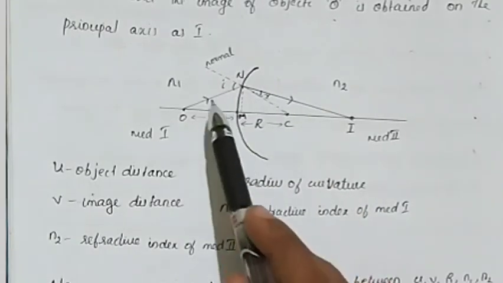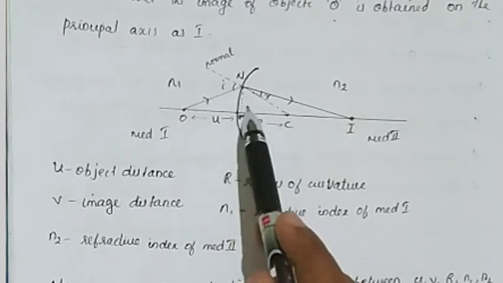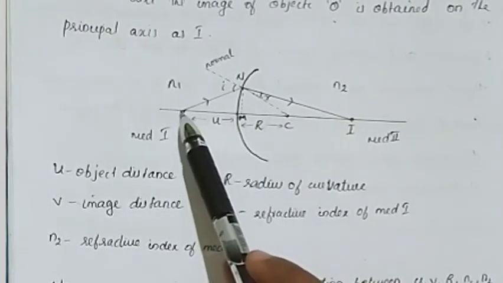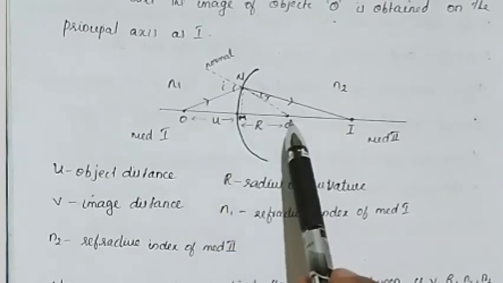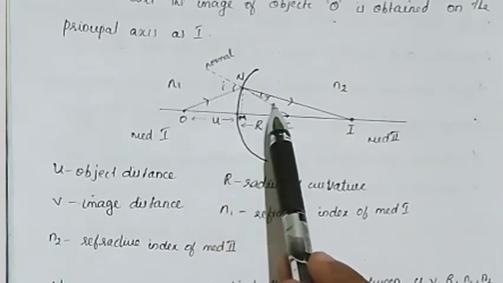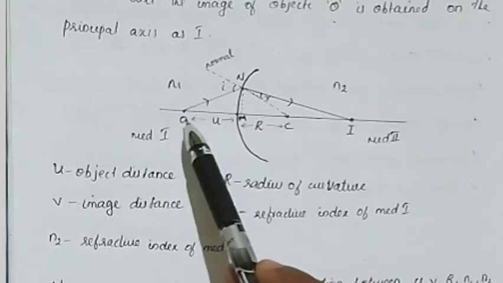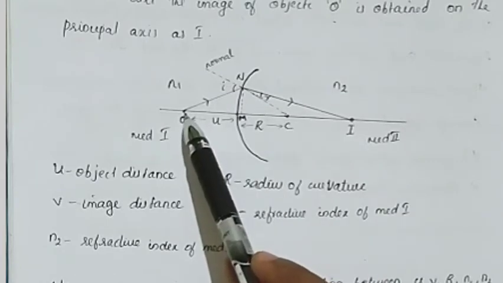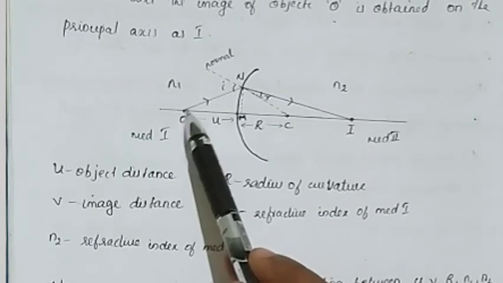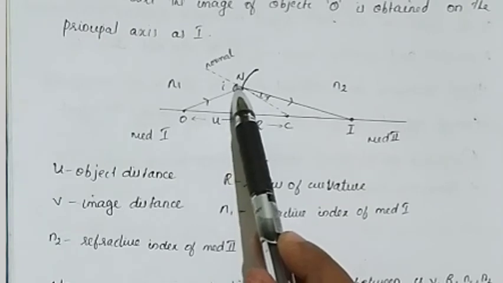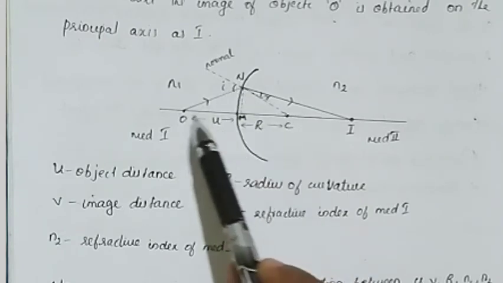So as you can see, we can consider some triangles here. Now in our diagram we can see there is a triangle ONC. If we extend the normal, it touches the center of curvature on the principal axis, and we obtain a triangle here which is ONC, and the angle of incidence is the exterior angle of this triangle ONC.